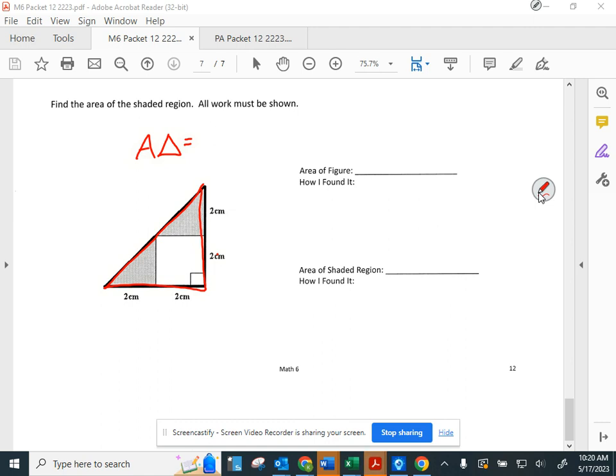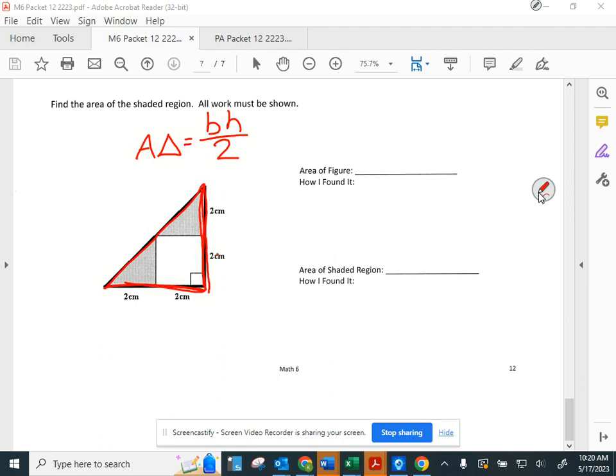Area equals base times height divided by 2. Base times height divided by 2. So if they don't give you that full base, you just need to add it together to find that full length.